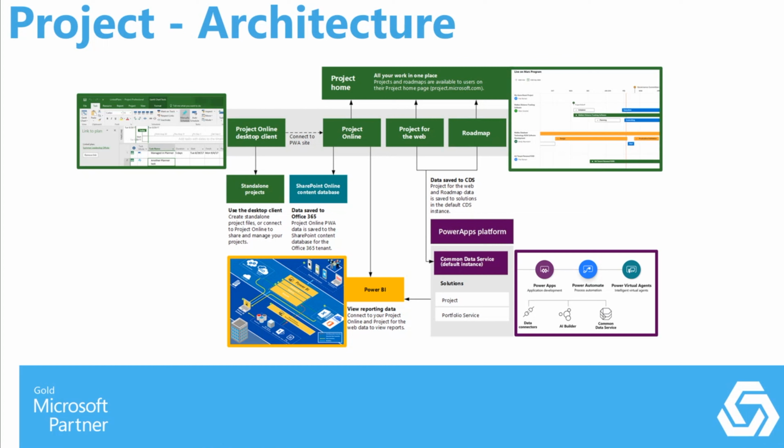Project for the Web will mature over time as more features and functions are released, but it's really in a kind of simple state at the moment. How I use it is if Planner is too simple for you, and you want to be able to assign resources to tasks and assign dependencies and links between tasks, then Planner is too low in that capability.